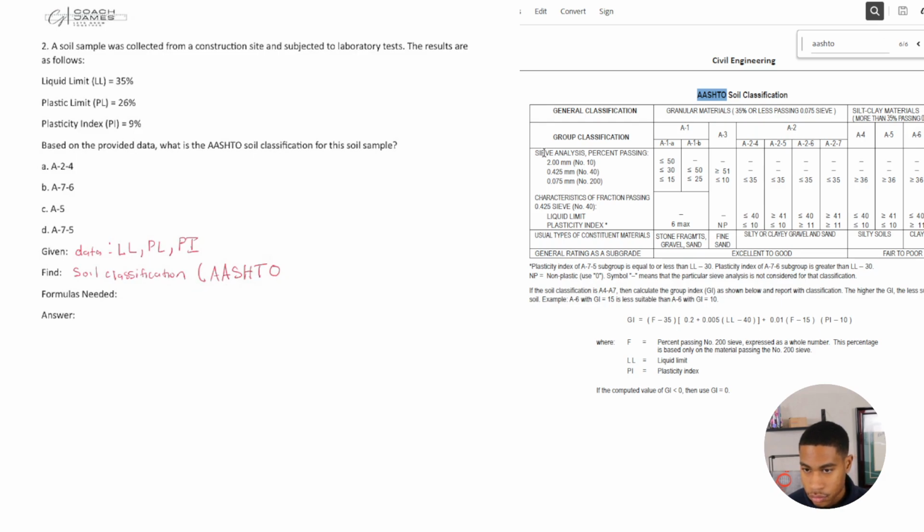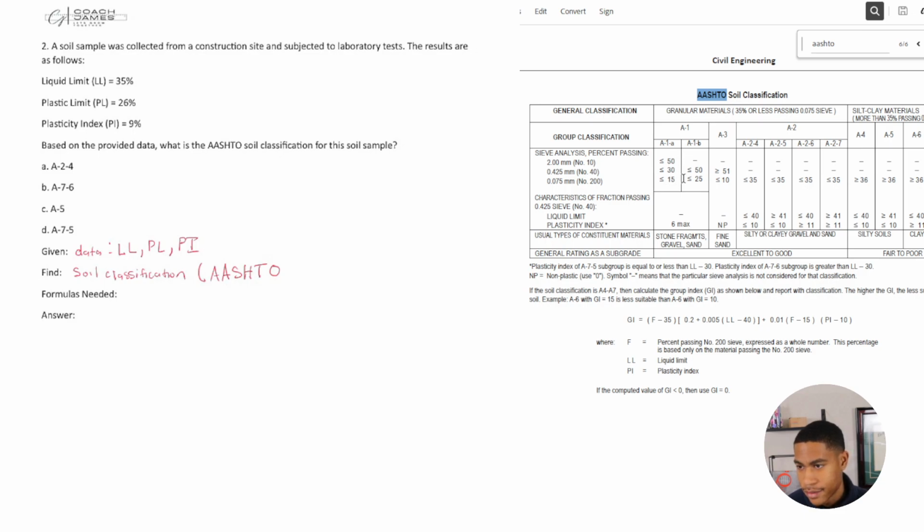So the way you want to read this chart, you want to come down, and for each column, it has something attached on its row, right? So the sieve analysis, percent passing for a number 2 sieve, it would classify as A-1-A if it had less than 50% passing.